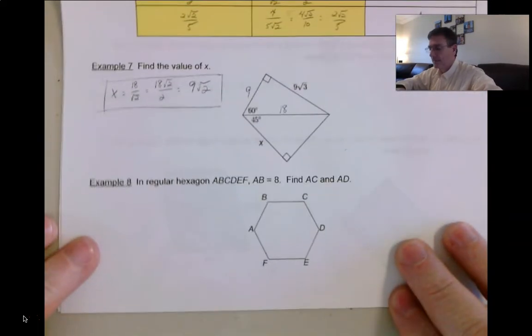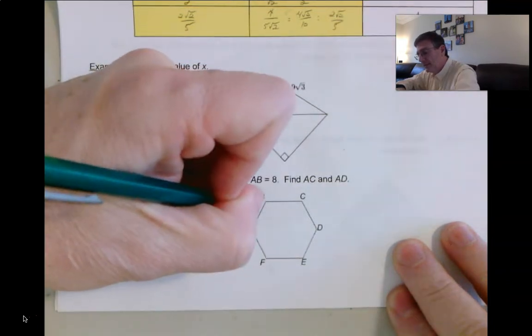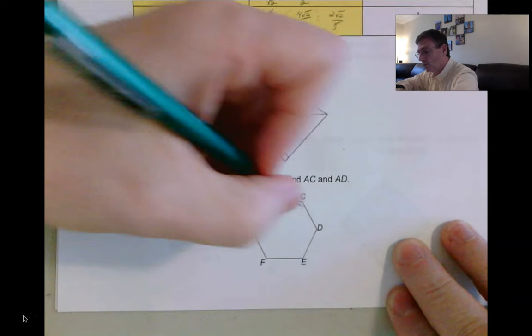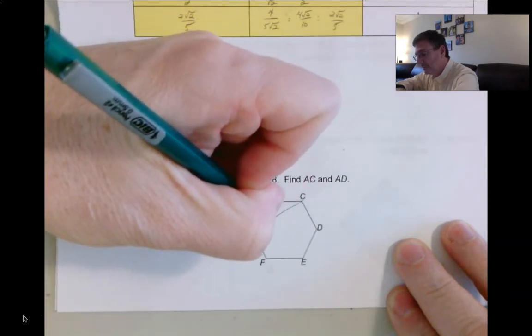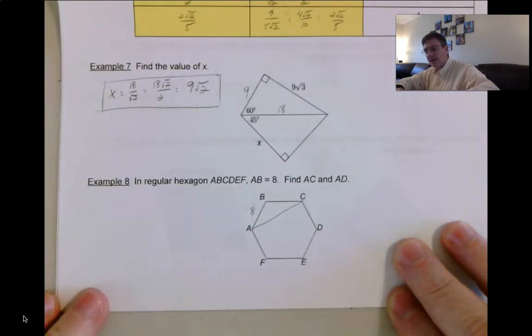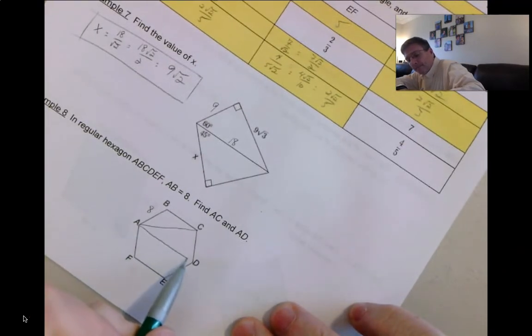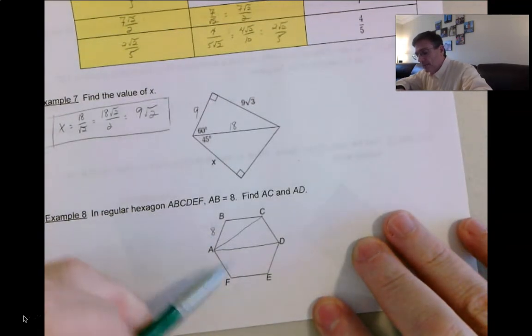Example 8. In a regular hexagon, we have AB is 8, which means all the sides are 8 because it's regular. Our goal is to find the length of AC and the length of AD. Okay, so it's pretty cool here.